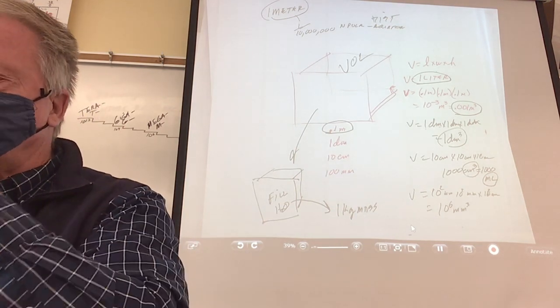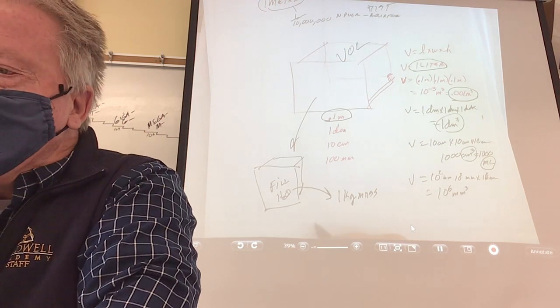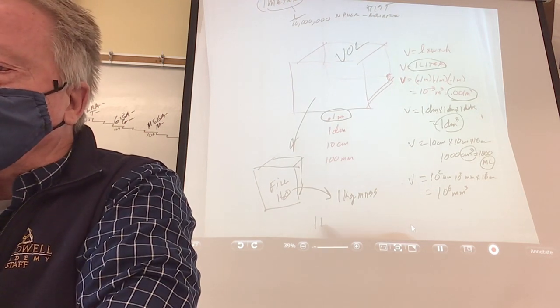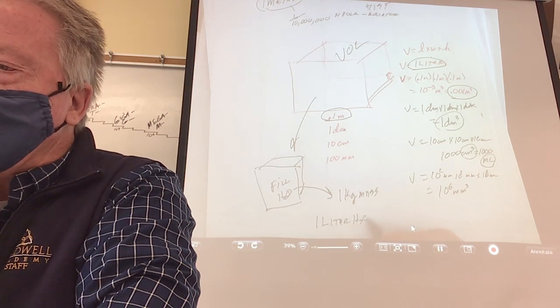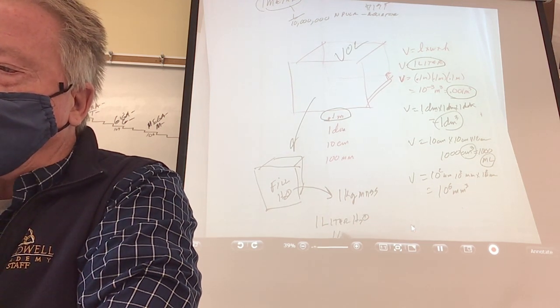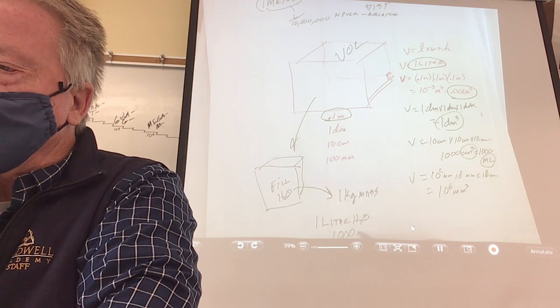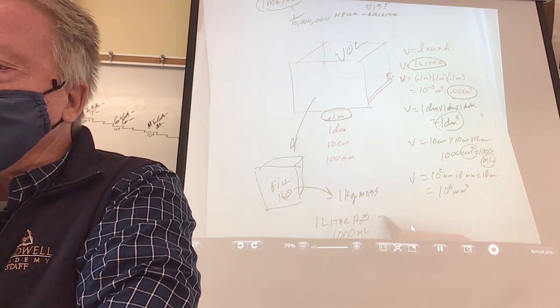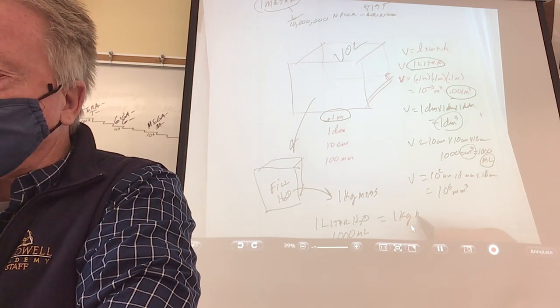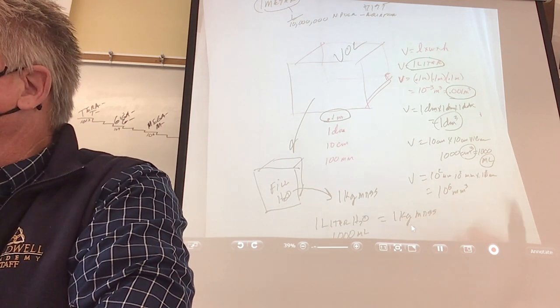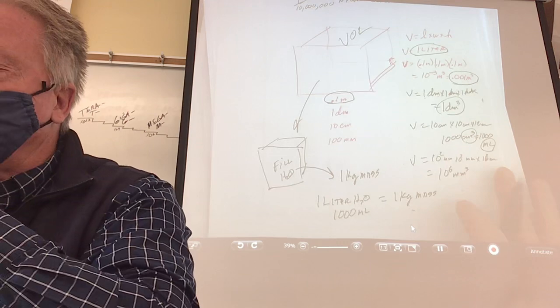And what I think is even more neat than this: 1 liter of water is the same as 1,000 milliliters of water, but 1 liter of water is also 1 kilogram of mass. Now watch what happens here.